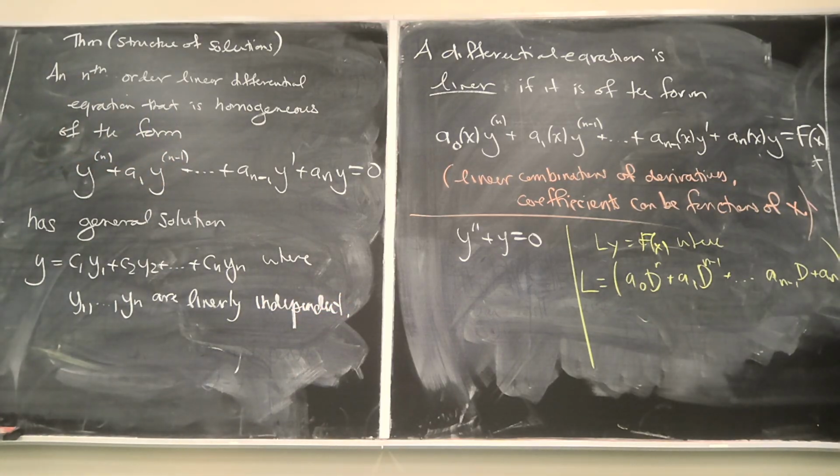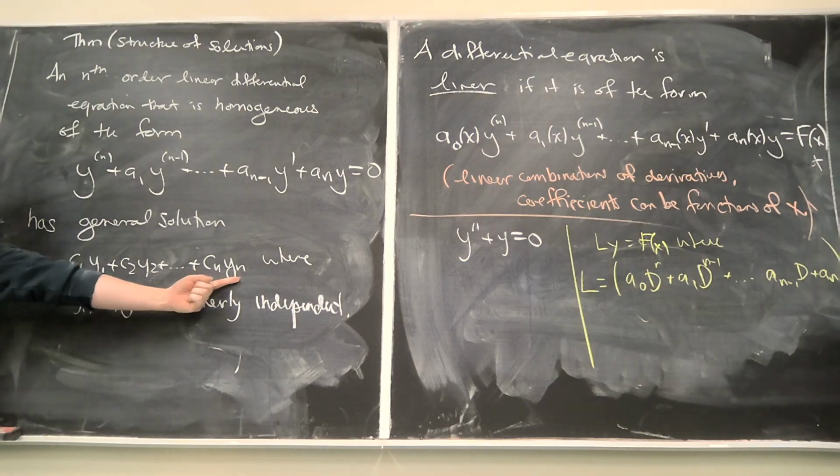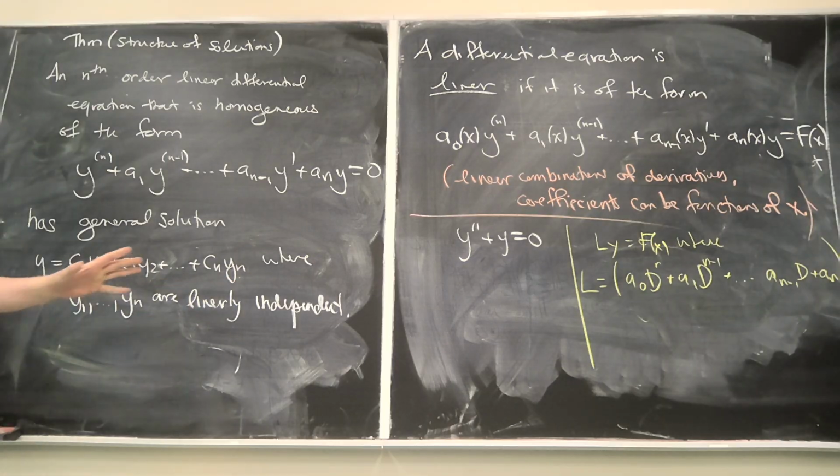It's worth taking a moment to see what that actually means. That means if I give you an nth order equation and you find n linearly independent solutions, you found all the solutions. You could just add them together and you got all of them. If you got a second order equation and you get 2 independent solutions, you have solved the equation.